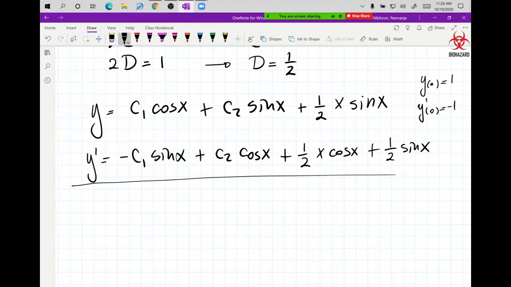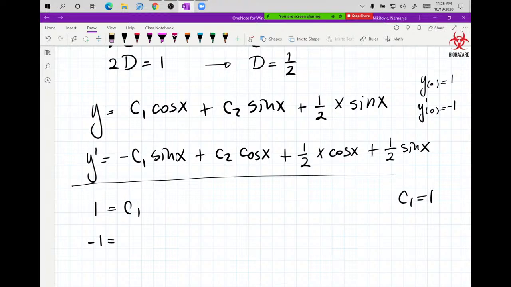So I have y equal to 1 equals cosine of 0 is 1, so C1 survives. Sine dies and the other sine dies when you plug in x equals 0. Good. So we got that C1 is 1. Now for the second one, -1 is equal to sine 0 dies out, right?